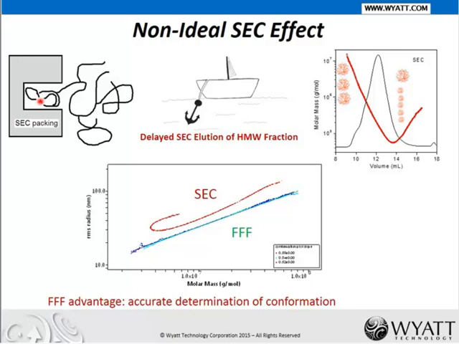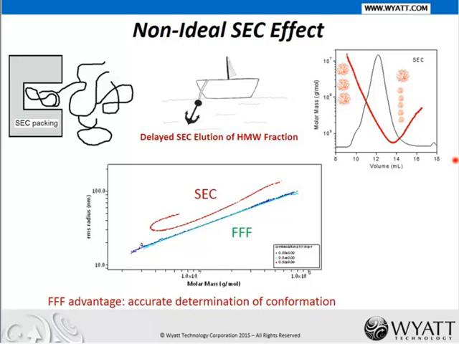So the one chain or multiple chains can be anchored onto the pores of the SEC packing, just like a boat anchored to the sand. The anchoring effect will cause the high molecular weight fraction to have a delayed elution, or will co-elute with the low molecular weight fraction. And this is more prominent in the tail region.